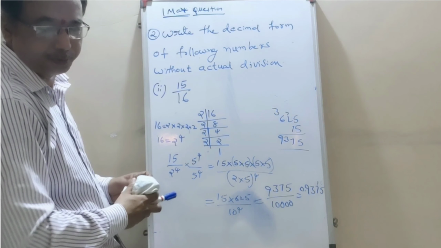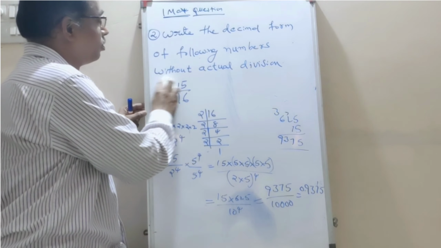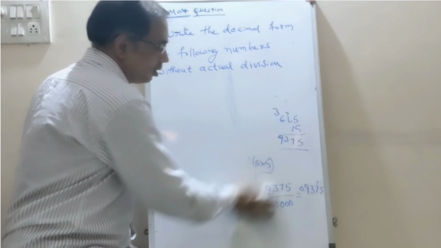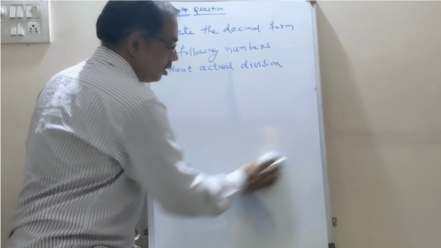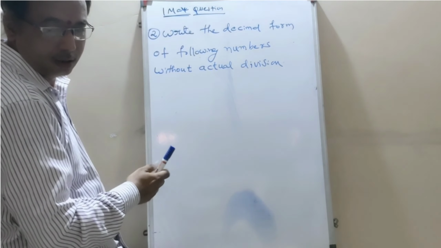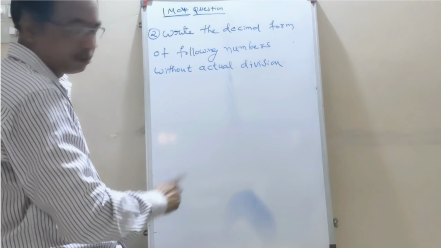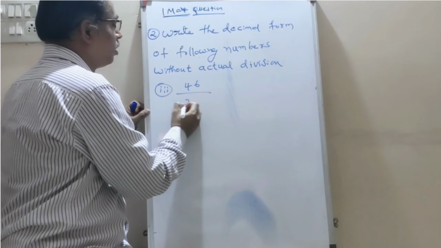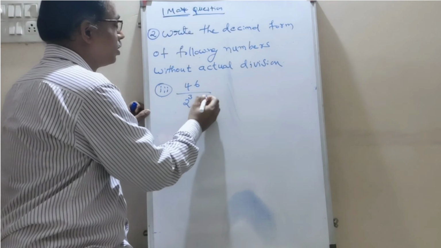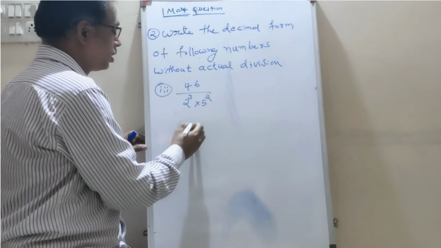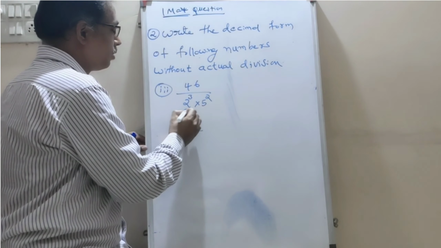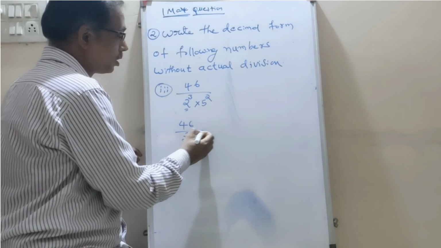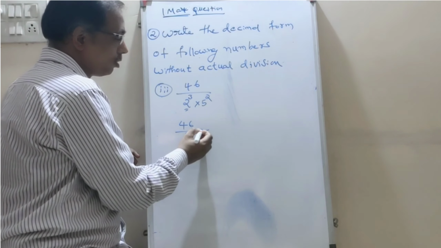So again, one more simple sum like this: 46 by 2 cube into 5 square. So here we can write 46 by, here already we have 2 power 3. So to get 10 powers, here we need one more 5. Why?